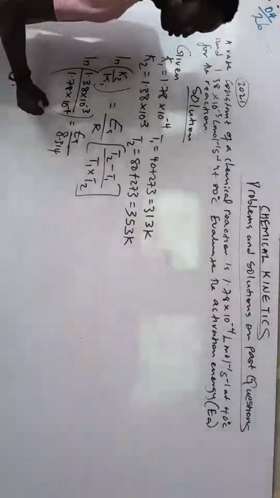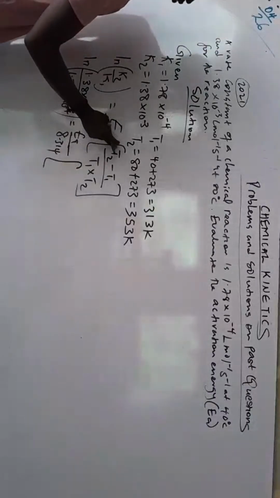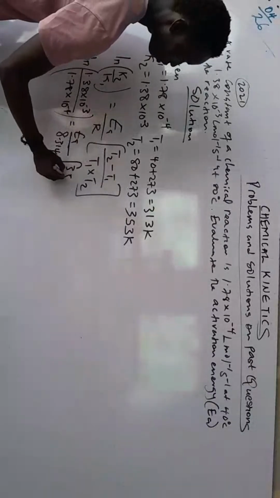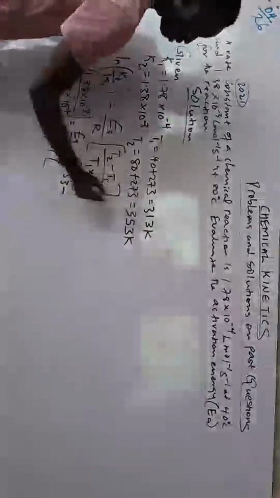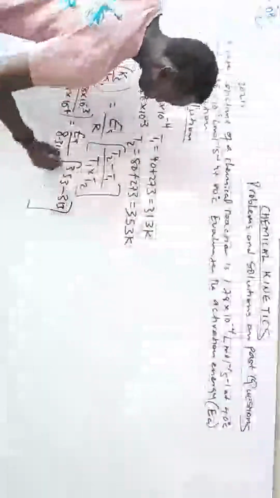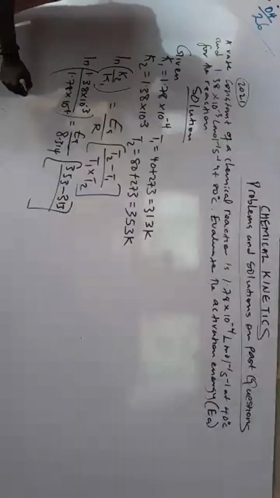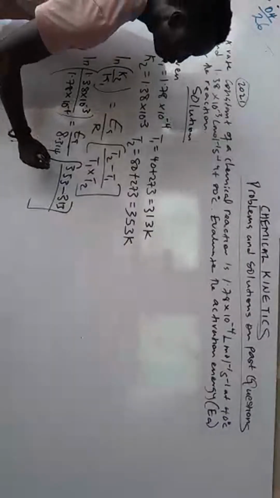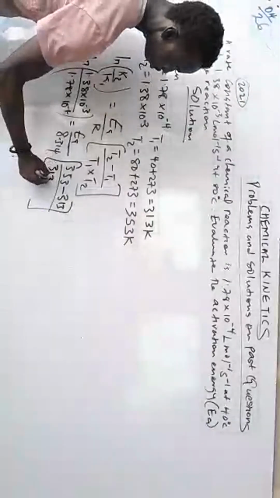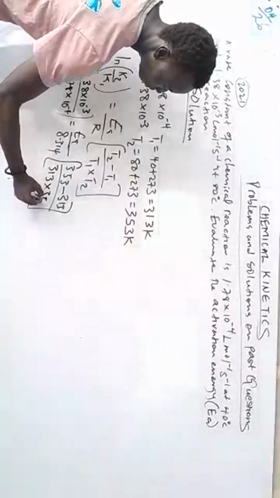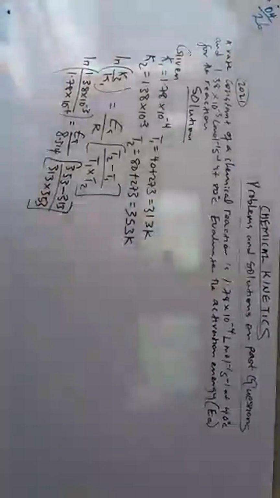Then T2 from the question is 353 minus T1, which is 313, over T1 times T2, multiplying them together, 313 times 353.